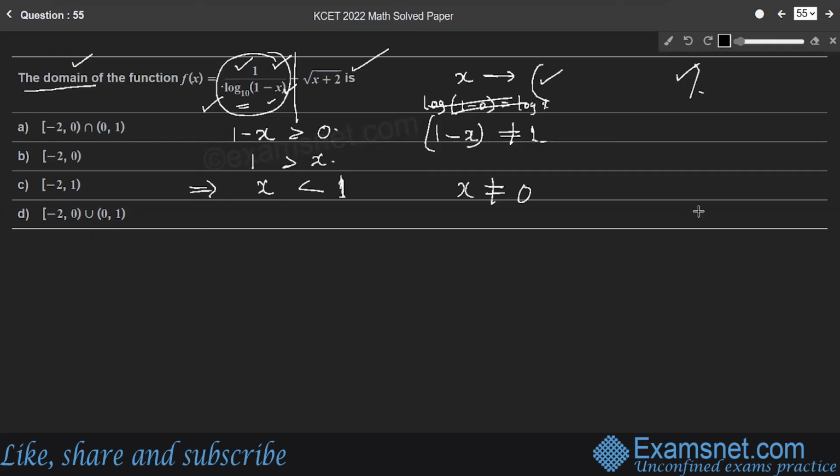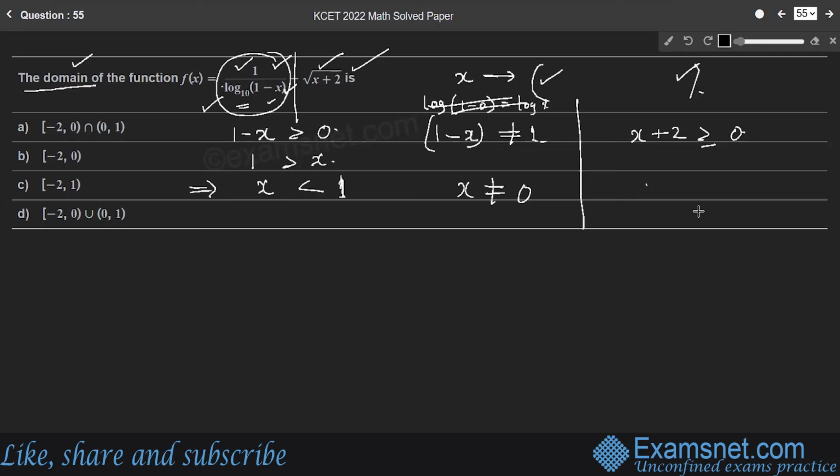So now consider the second term, root of x plus 2. Since it is a root, x plus 2 should be greater than or equal to 0, this can be equal to 0. You cannot take a negative value inside the root. Therefore, x plus 2 is greater than or equal to 0.